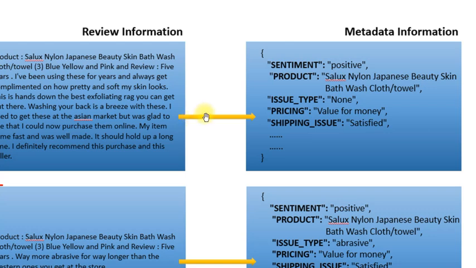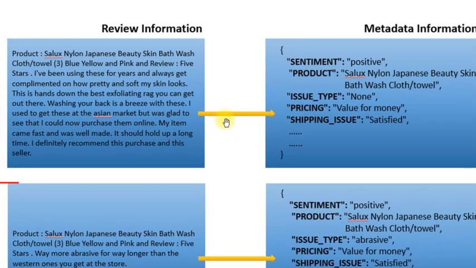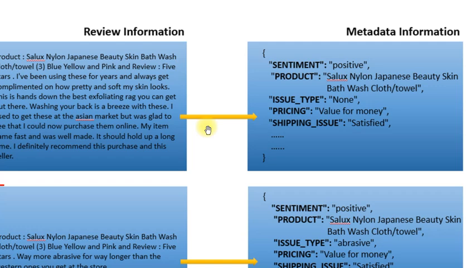We can add another function to identify the product, because this review mentioned a product name, cellulose nylon Japanese bath wash cloths. So if someone searches for information about bath wash cloths or towels, we have the chance to find this node and take the information out.